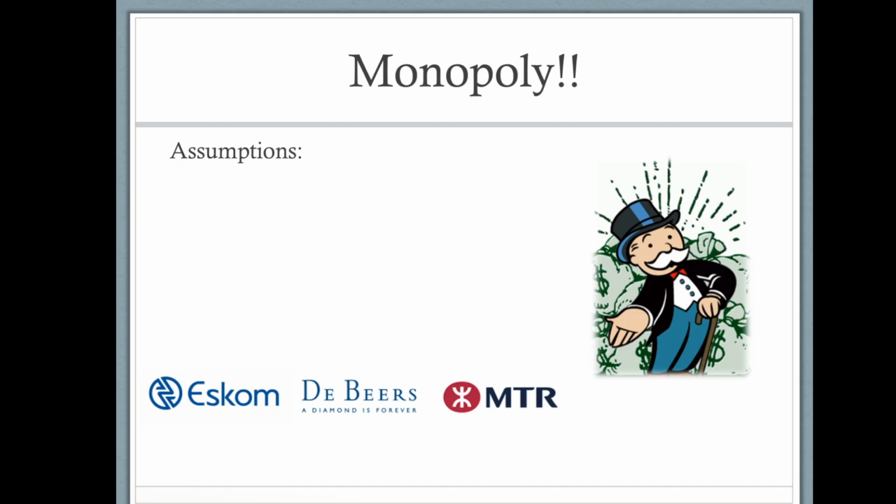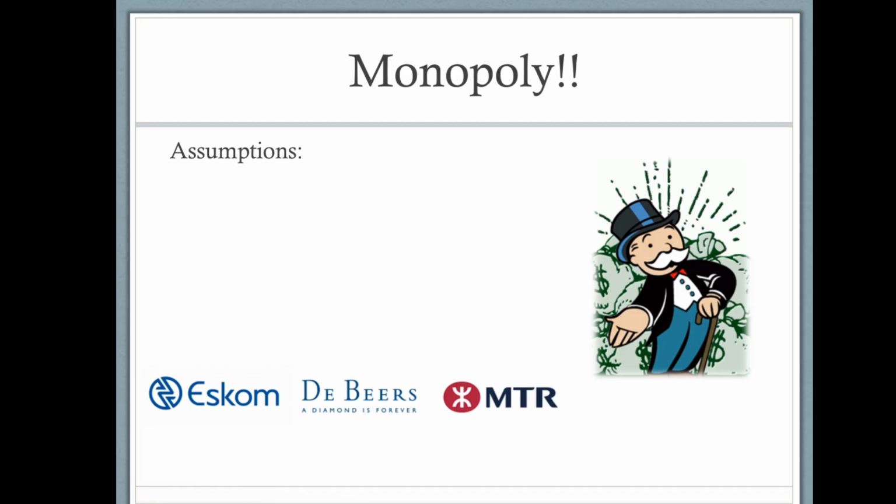For this chapter, it doesn't really matter if we are talking about perfect competition, monopoly, monopolistic competition, or oligopoly. How we teach each of them, the pattern is very similar. So we are going to talk about these assumptions.